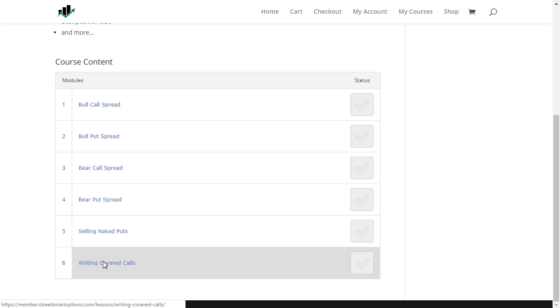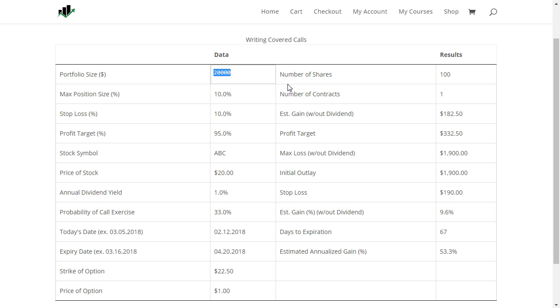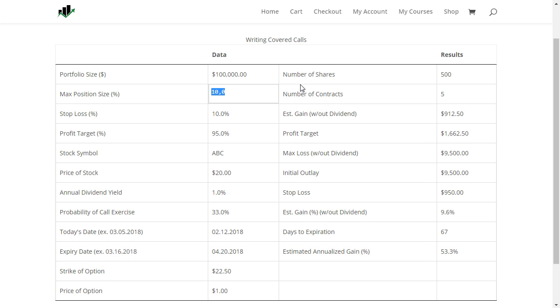For example, if you're writing the covered call with Johnson & Johnson, say you have a $100,000 portfolio, and you want to put 10% of your portfolio in Johnson & Johnson. Maybe you want a stop loss of 10%, so if the stock goes down, you get out at a 10% loss.